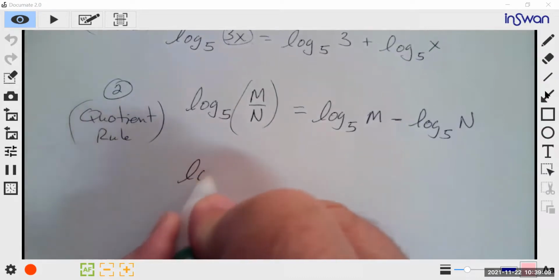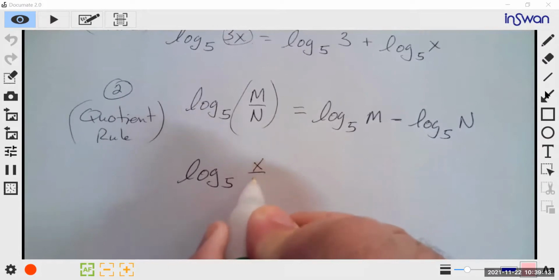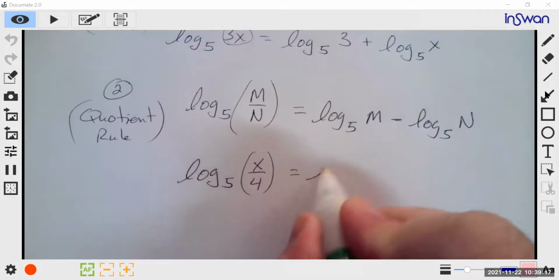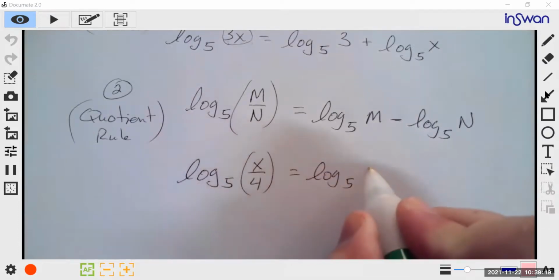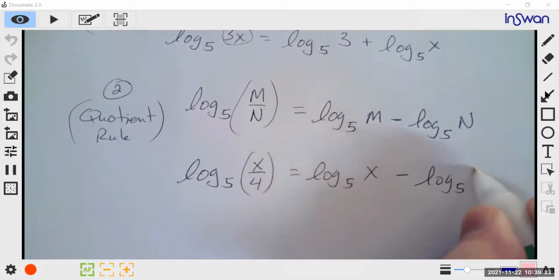Our example would be log base 5 of x over 4. That would be log base 5 of x minus the log base 5 of 4.